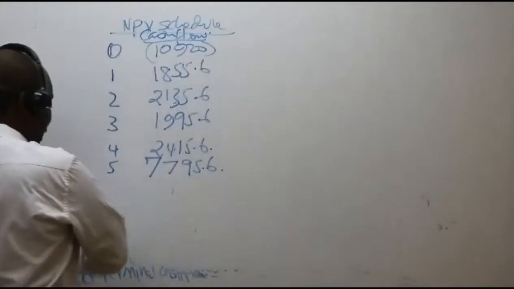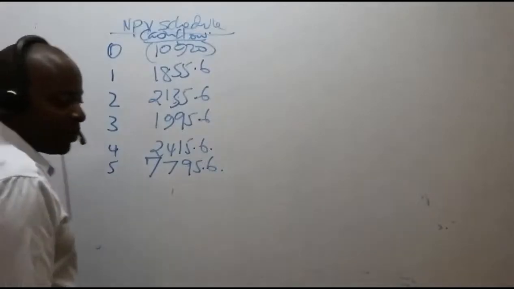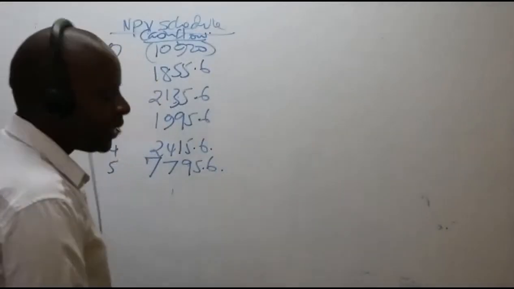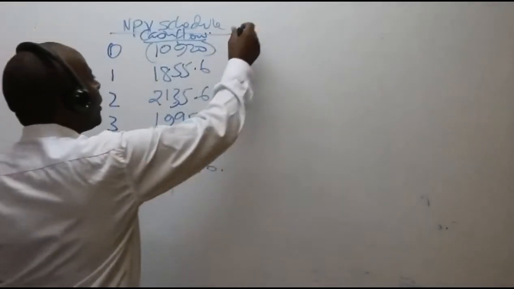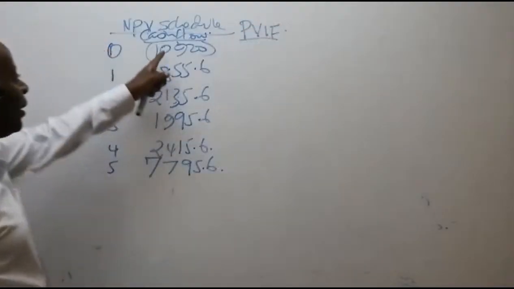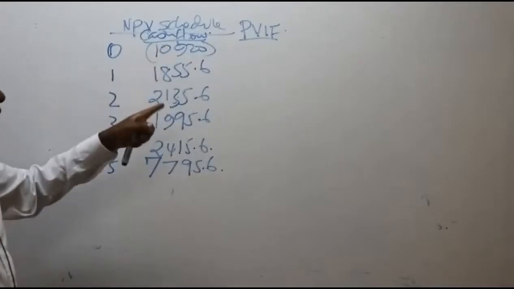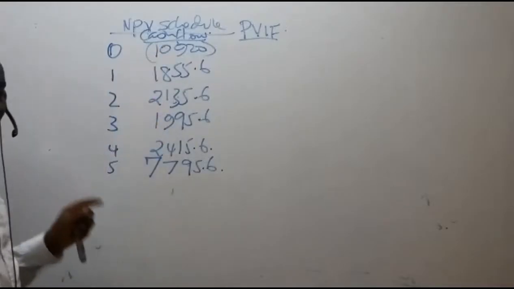Now, ladies and gentlemen, after that, what do we do? Come right away here and discount. We are discounting using the PVIF, because you can see these cash flows are irregular. So we're going to use the present value interest factor, the PVIF.